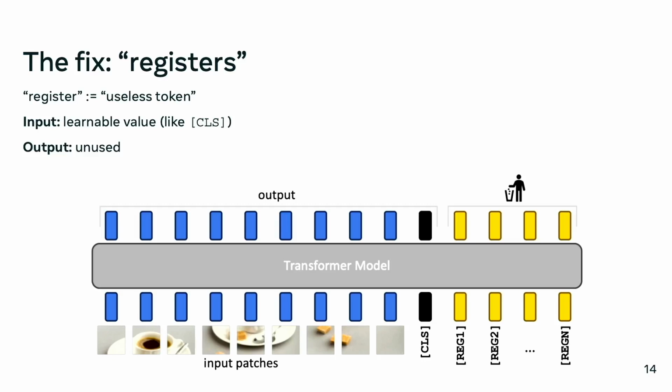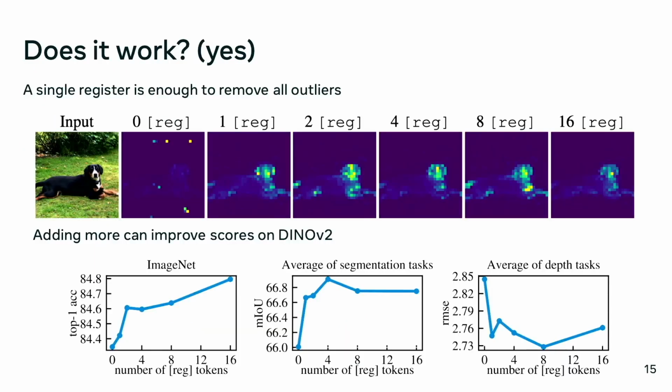But what's interesting is that if you just do that, this simple thing of concatenating a few tokens into the sequence, the artifacts disappear entirely. So the model learns to use those tokens for the purpose it was using the weird patch tokens before. It's interesting that it worked.